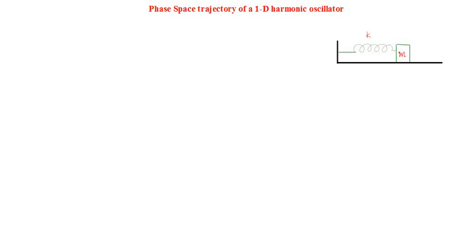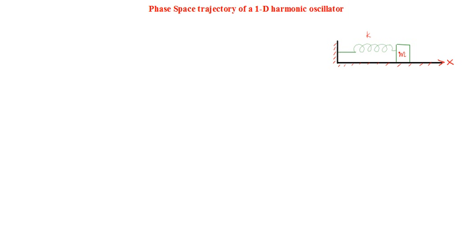So here I have a spring of spring constant k connected to a mass m, and let this mass be moving on a smooth horizontal frictionless plane. Let this be along the x-axis, and the spring has been tied firmly to the other end of the platform. So now this is our system.